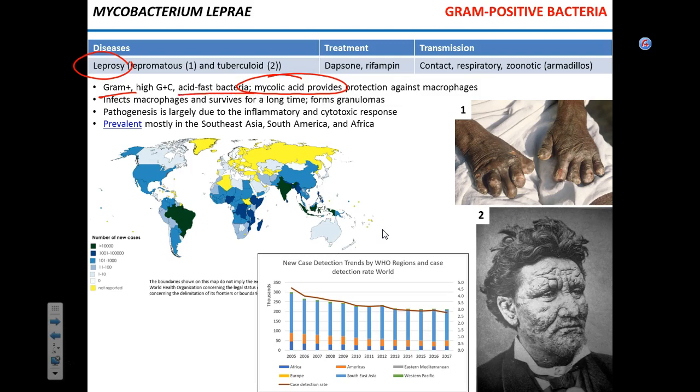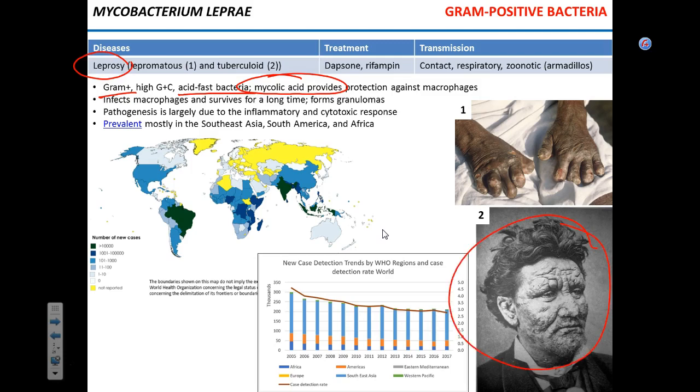It was discovered by, I believe, a German guy named Hansen. So sometimes it is referred to as Hansen's bacillus. So, just like Mycobacterium tuberculosis, it infects macrophages and forms tuberculomas or granulomas.